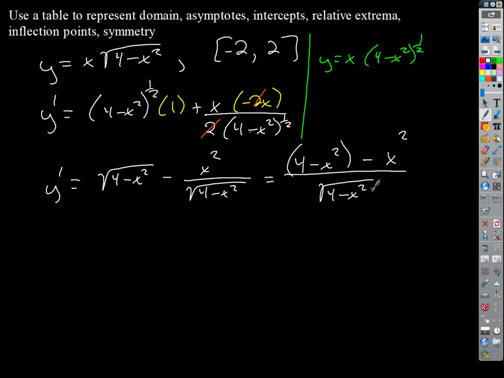We also, if we wanted to, could have written this as a negative 1/2 power and factored out 4 minus x squared to the minus 1/2. That's the way we typically did it back in chapter 2 when we were doing a bunch of this stuff, right?